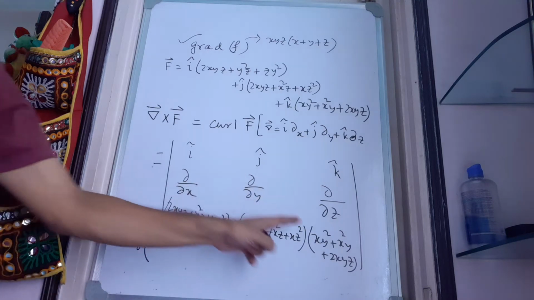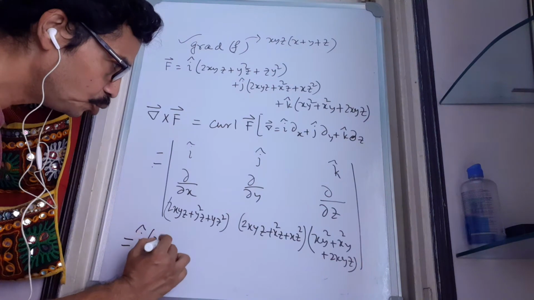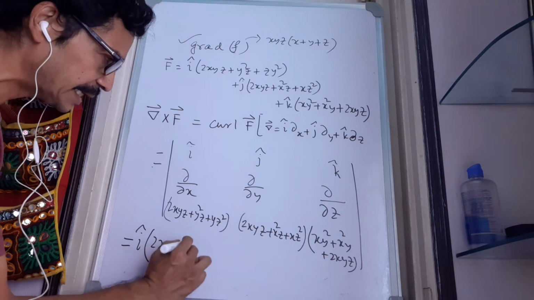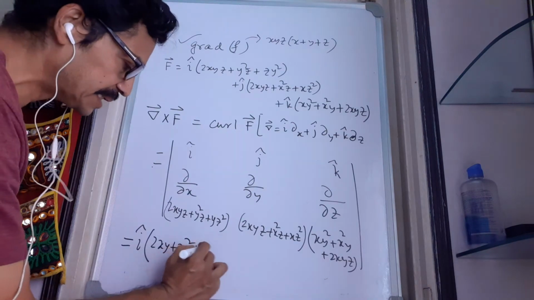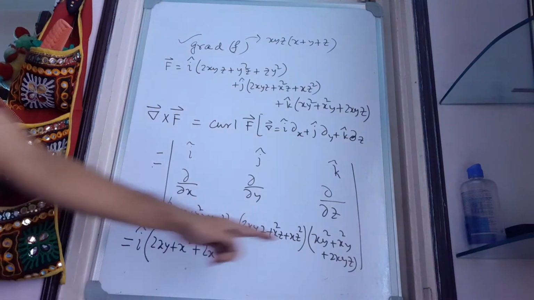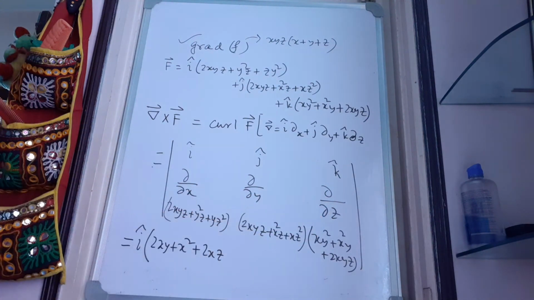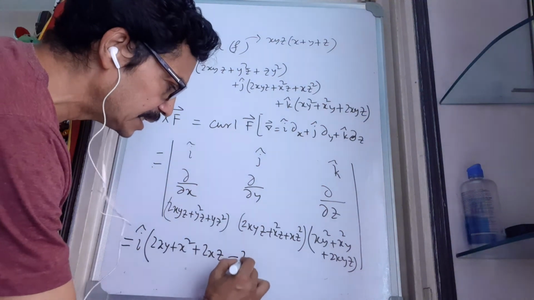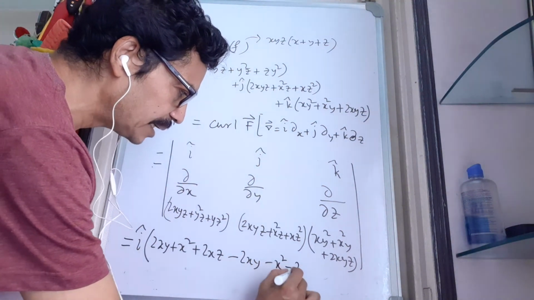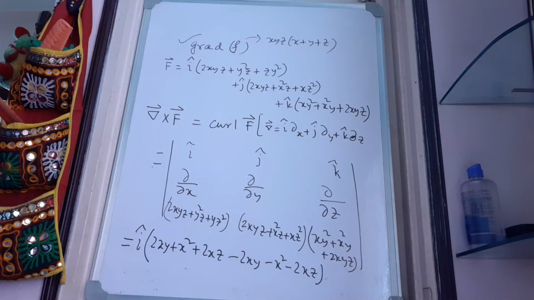Just see, del/del y of this gives us 2xy plus x square plus 2xz, minus del/del z of this function, which gives us minus 2xy minus x square minus 2xz, is it not so?